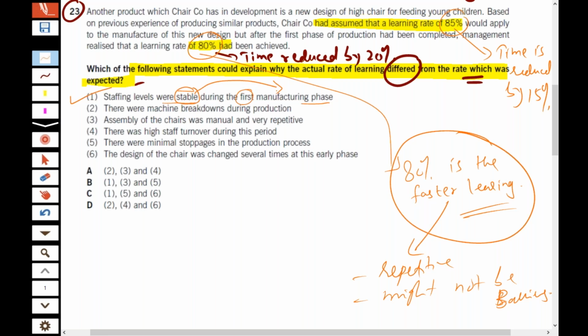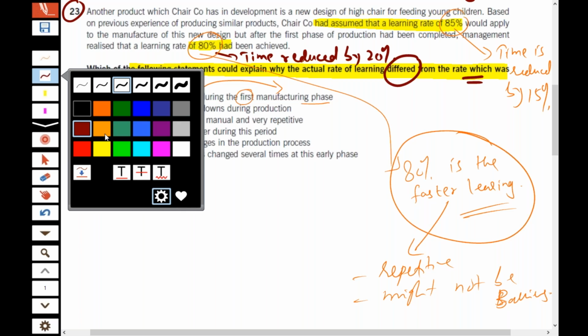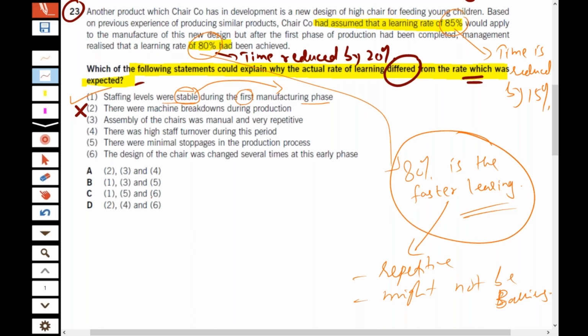Number two, there were machine breakdowns during the production. No. If there would be a machine breakdown, there might be barriers, so it will not be the reason. Number three, assembly of the chairs was manual and very repetitive. The answer is yes, repetitive.